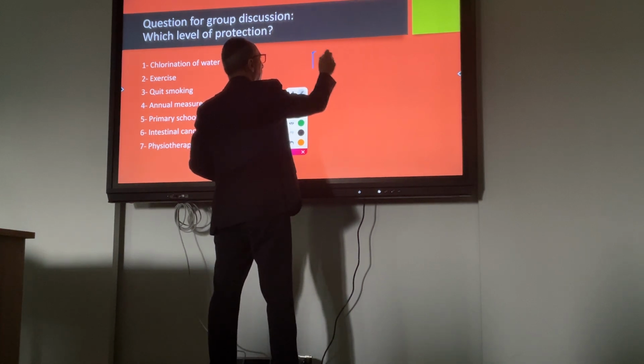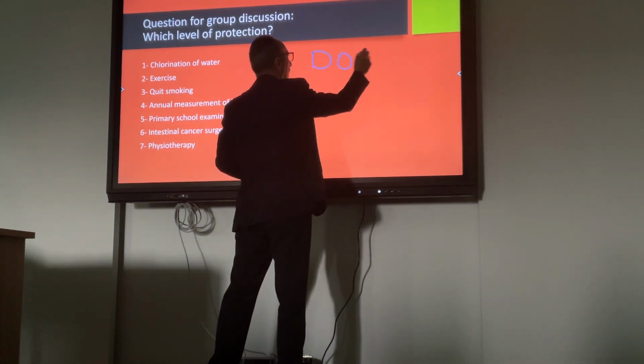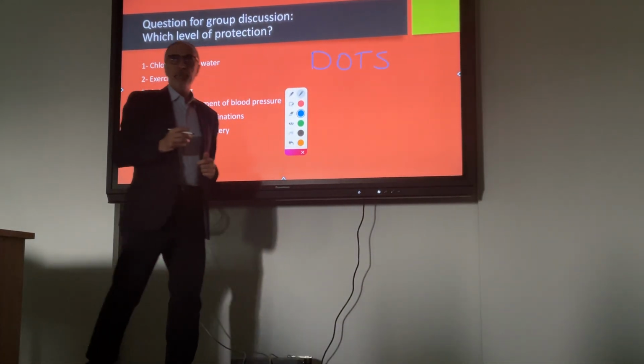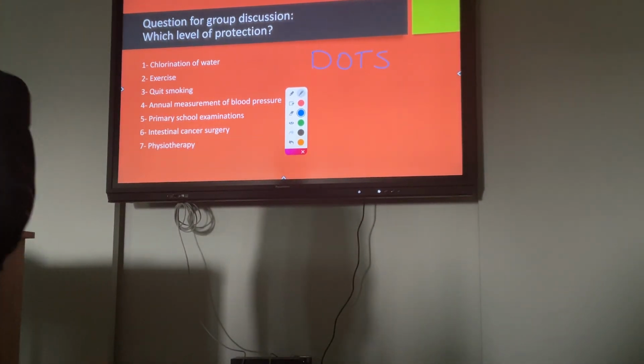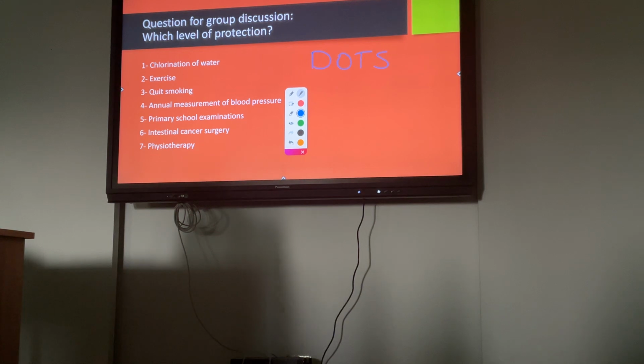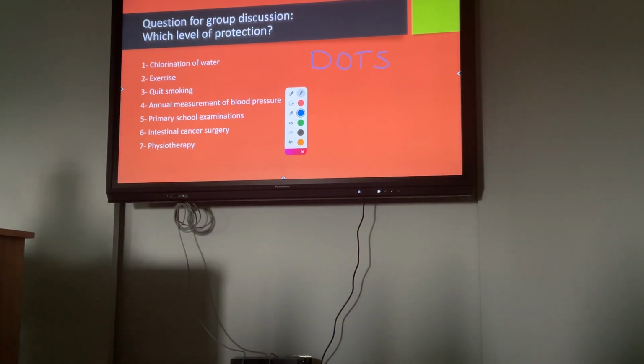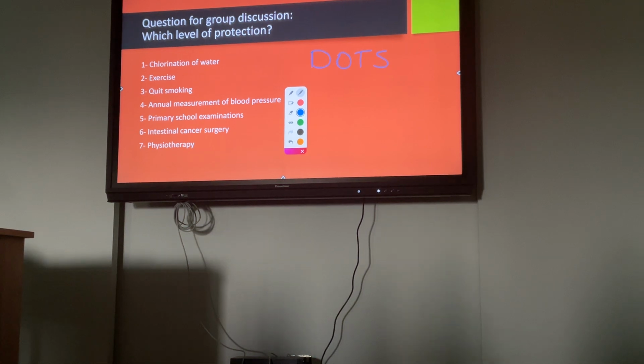There is a term in tuberculosis treatment. Who knows what DOTS means? DOTS is an abbreviation for treatment of tuberculosis.